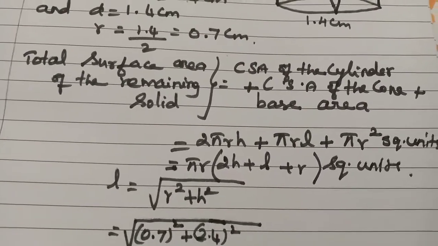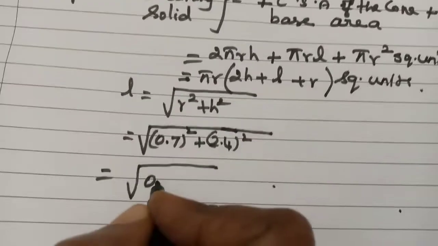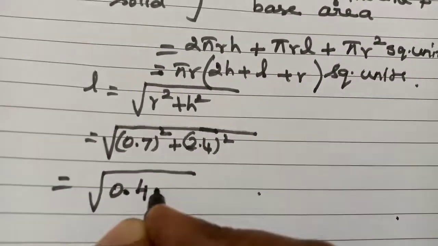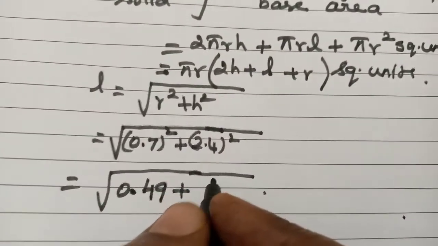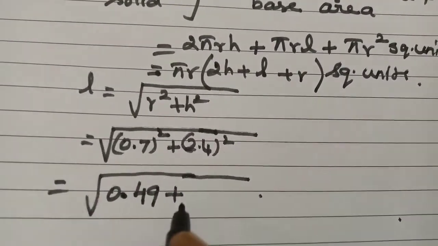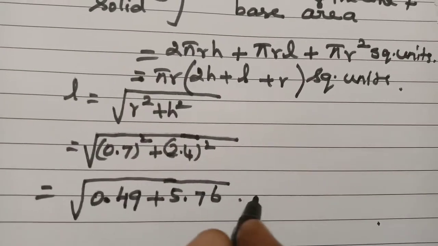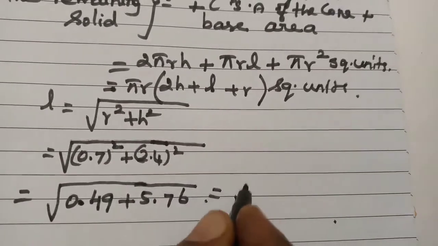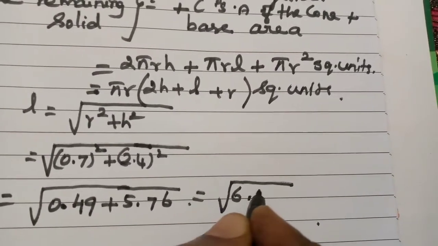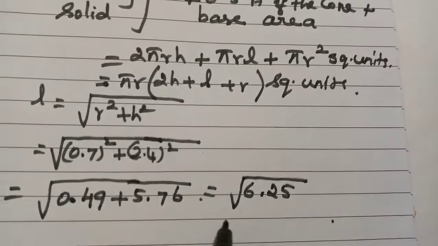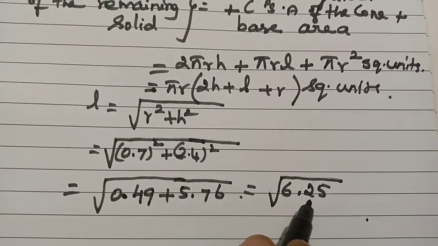Let us square the values. 0.7 into 0.7 is 0.49, plus 2.4 into 2.4 is 5.76. Add it, and when we add both values we get 6.25.